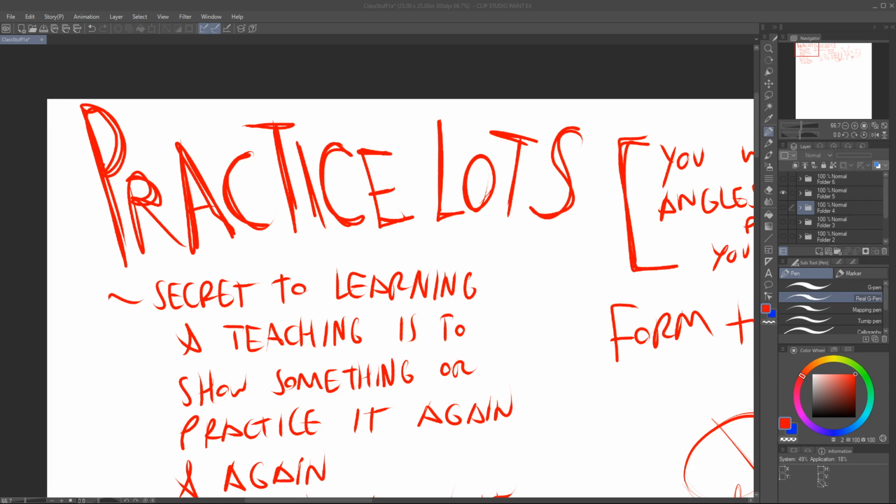Also, it is possible to progress by just drawing 15 minutes a day. You'll progress very slowly compared to doing those longer sessions, but you will still progress.